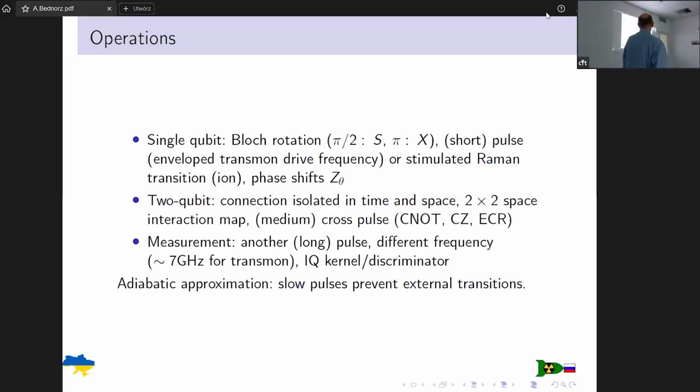For two-qubit operations, there is a connection, and maybe I'll come back to this radio language. For two-qubit operations, it looks like you have two radio sets, from radio RF, and there is some cross interaction.